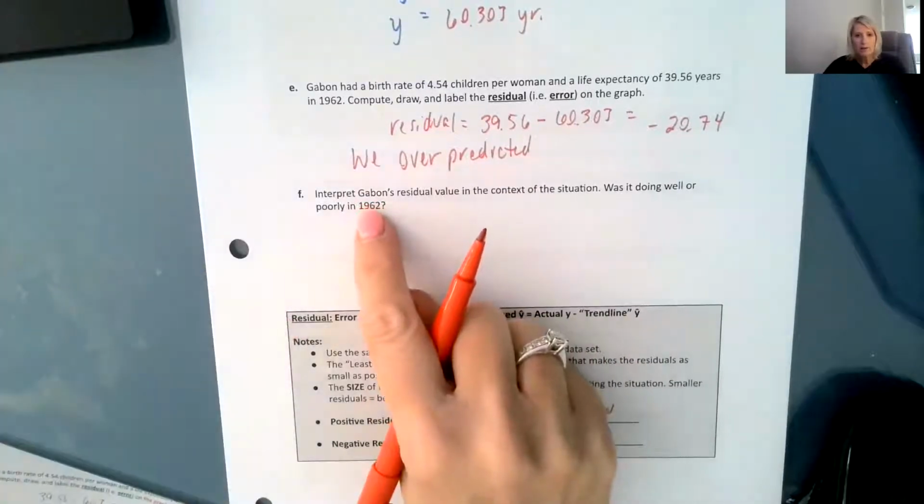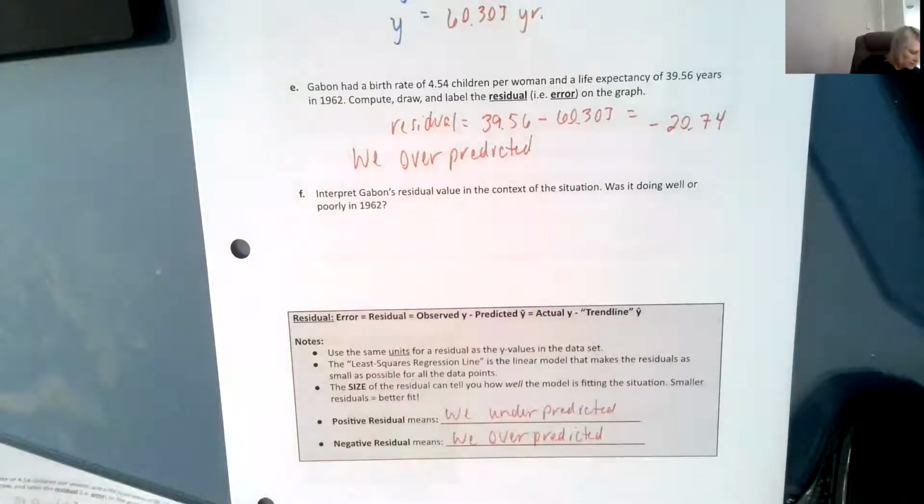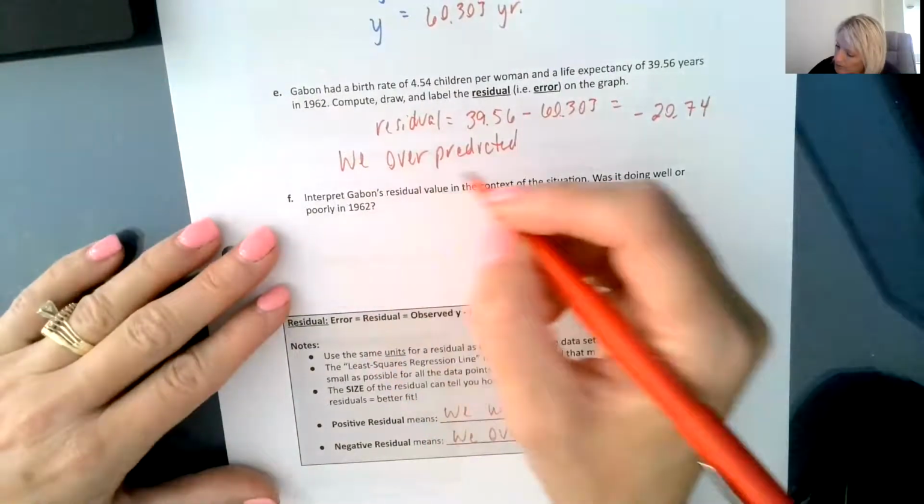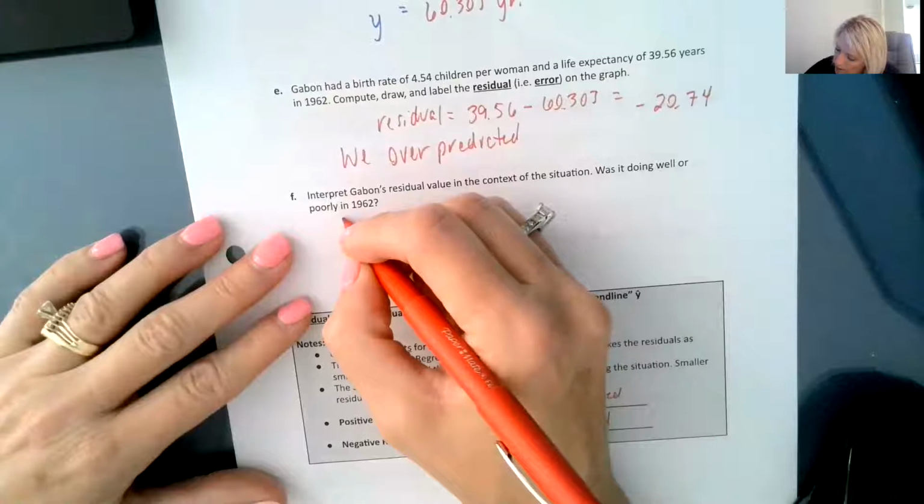Interpret Gabon's residual value in the context of the situation. Was it doing well or poorly in 1962?